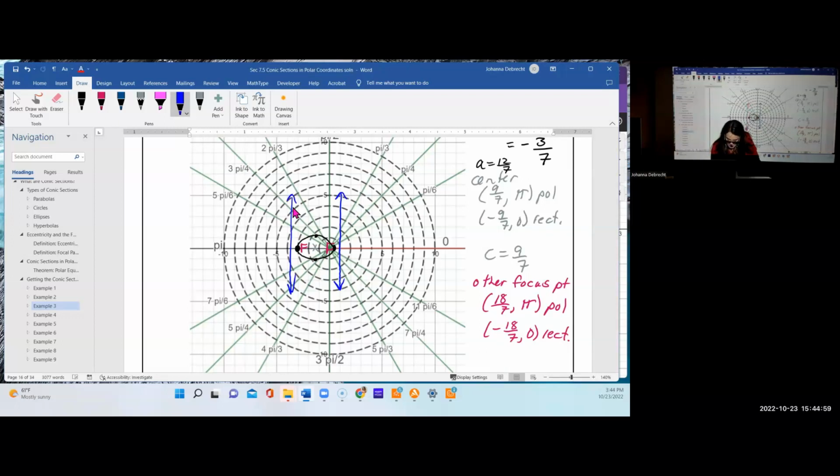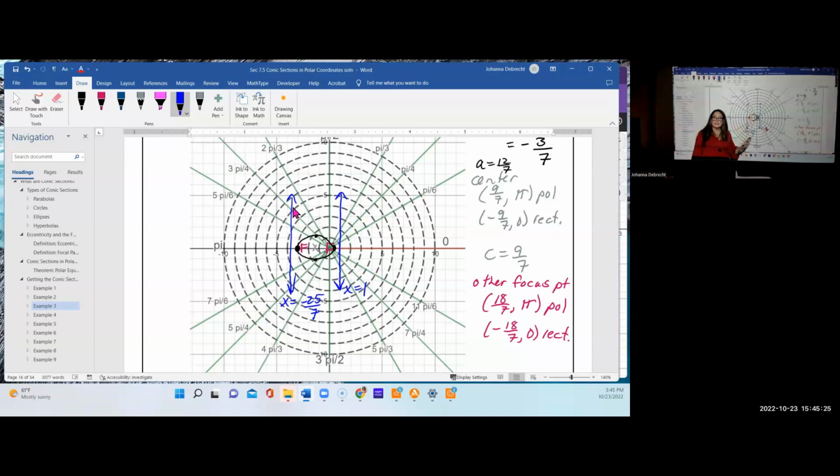All right, so this is going to be x equal -25/7, and this is x equal 1. All right, so we have the equations of the two directrices lines. Those have to be written in rectangular system, although you could replace x with r cosine of theta. So you could write r cosine theta equals -25/7 or 1.